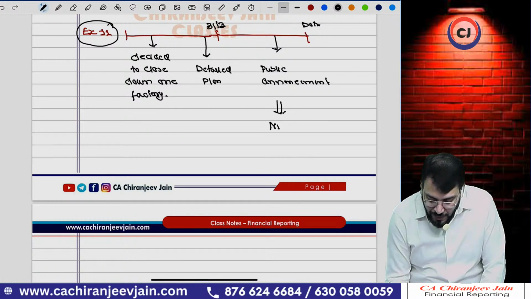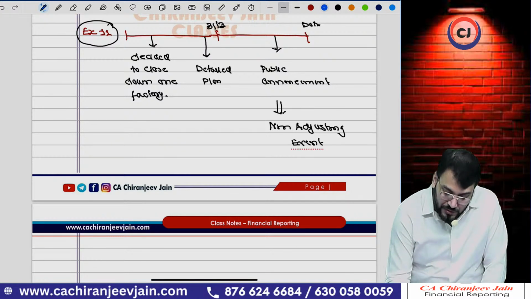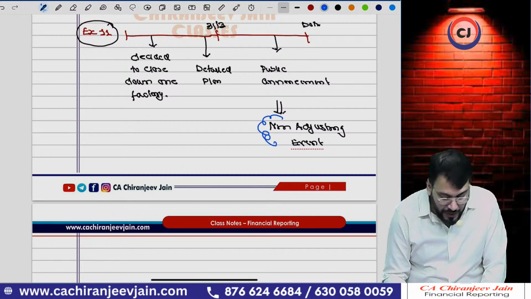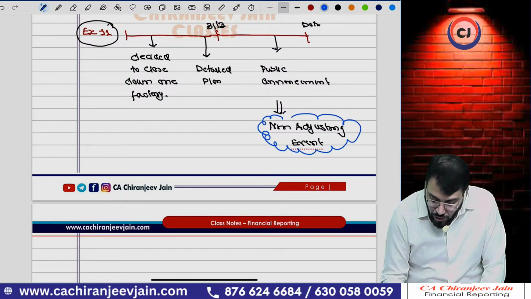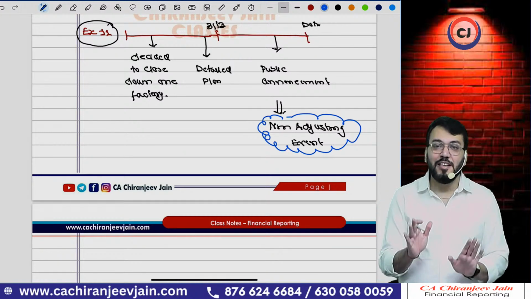So, public announcement made. Therefore, non-adjusting. I am happy that everyone is giving the correct answer, and those who are not giving answers are able to understand. Am I right or not? Non-adjusting event because the condition arises after 31st March.